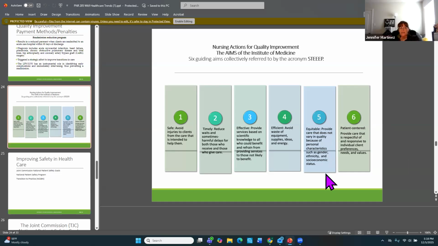Provide care that does not vary in quality because of personal characteristics such as gender, ethnicity, and socioeconomic status. And then always provide that patient-centered care, respectful and responsive to individual client preferences, needs, and values.